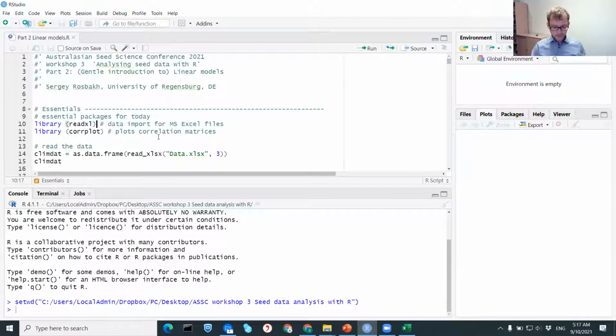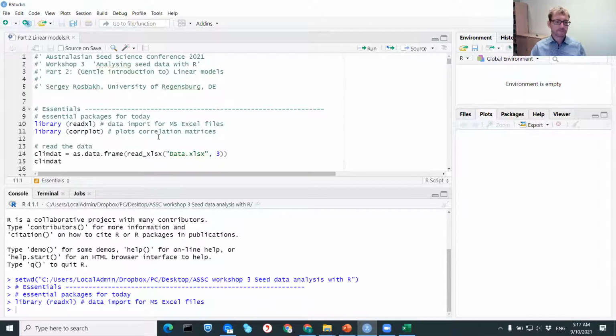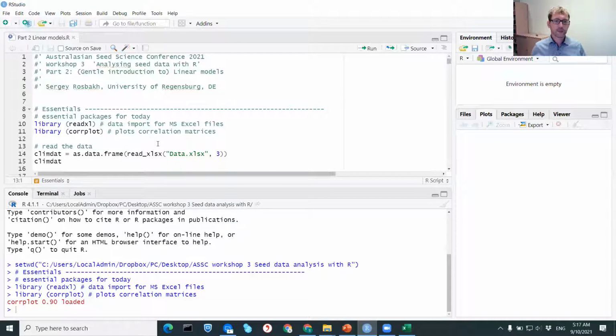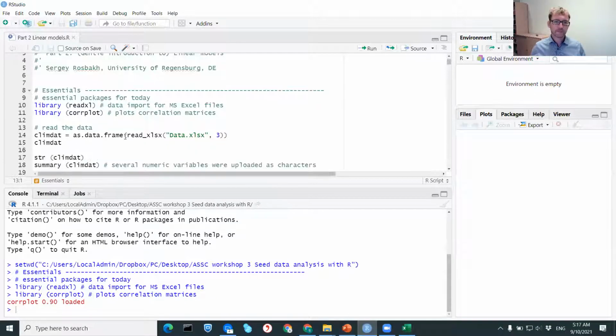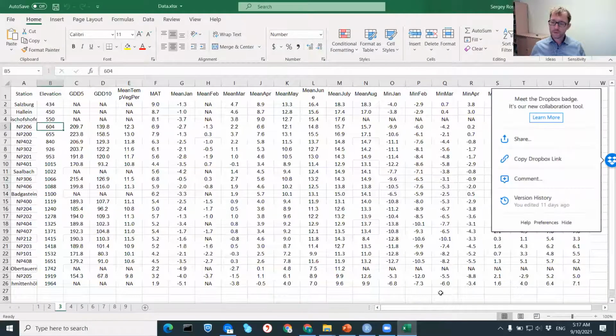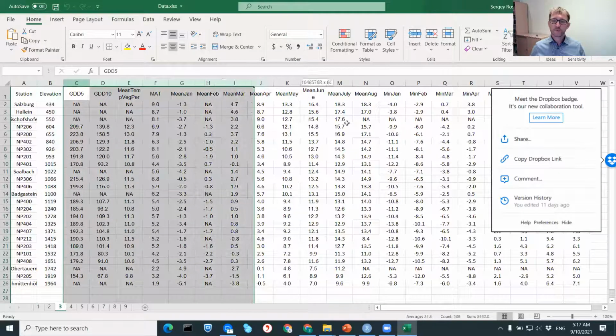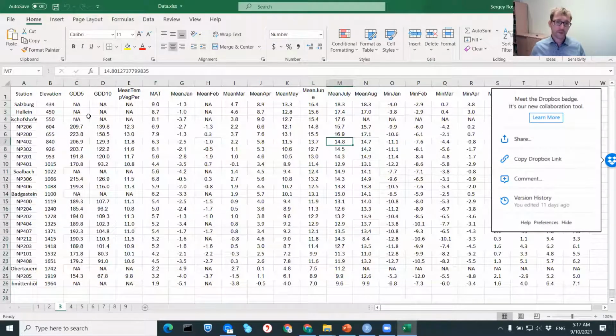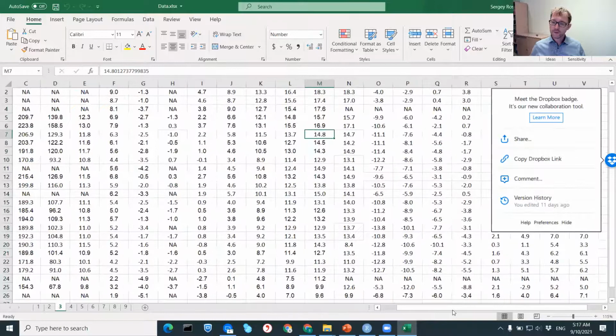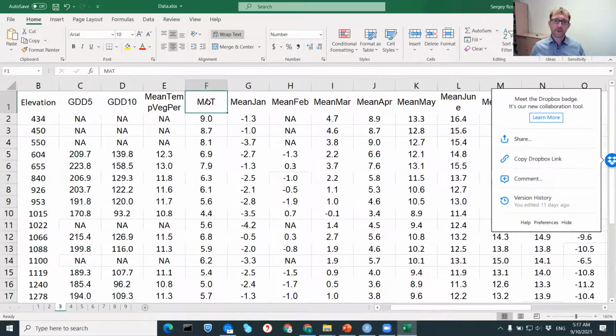We will need a few packages. I activate them, so to say. And we will be working with this datasheet, which includes data from 25 weather stations located at different elevations. From those weather stations, I have a number of climatic parameters, like mean annual temperature, mean temperature of January, mean temperature of February, and so on.